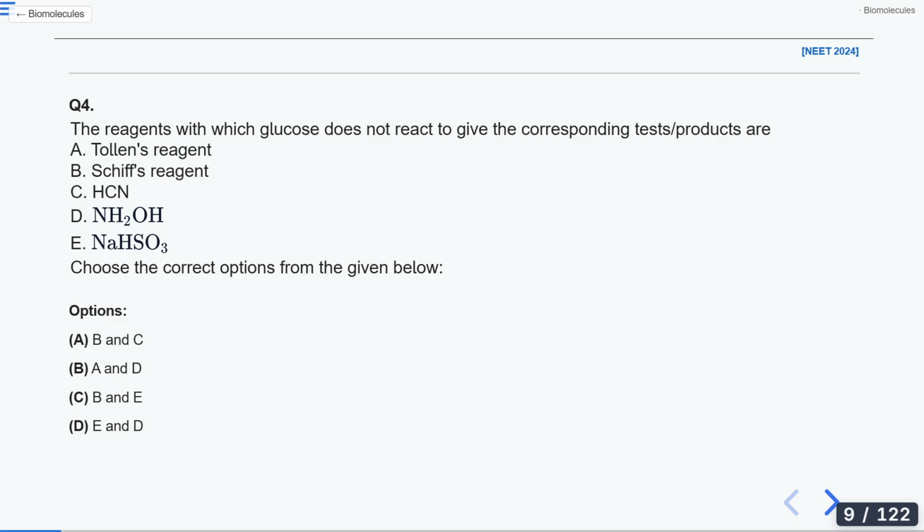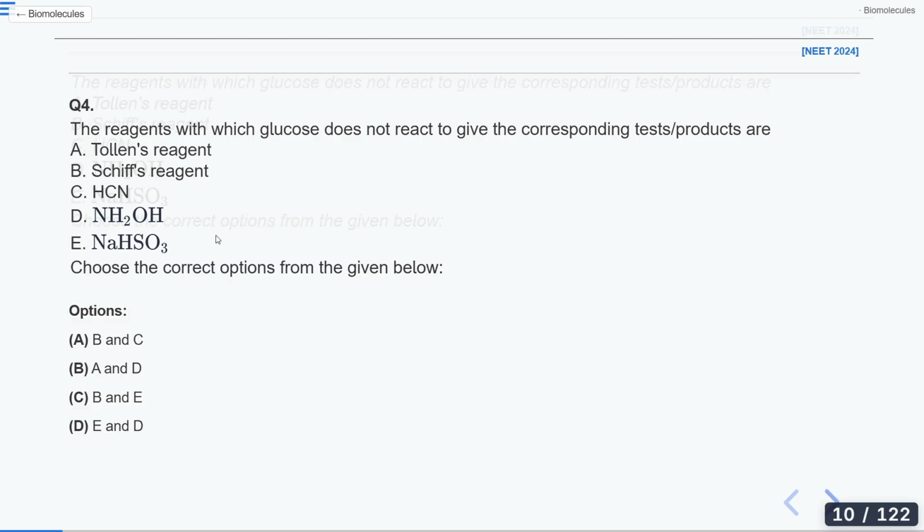Remember these 3 points are very, very important, especially the last one. A question can be asked from there that glucose pentaacetate cannot react with hydroxylamine. Remember this. How do you form the pentaacetate? By reacting it with acetic anhydride.